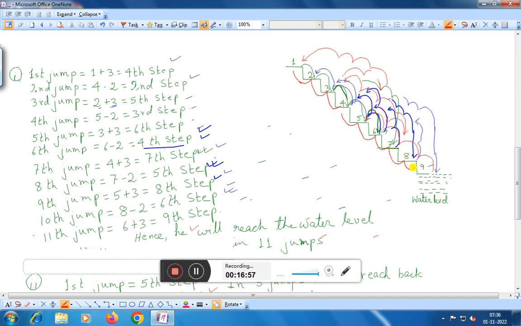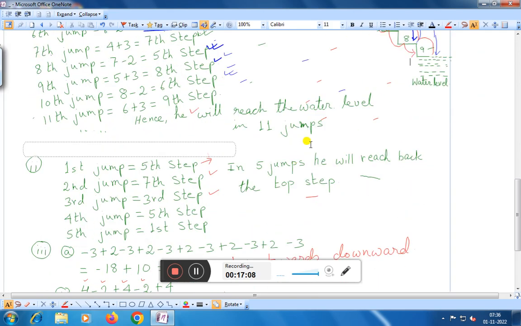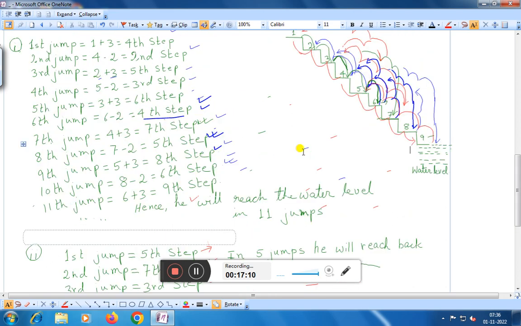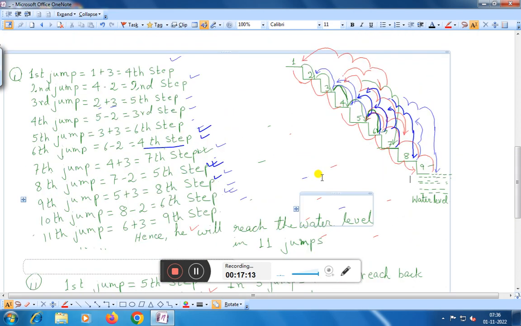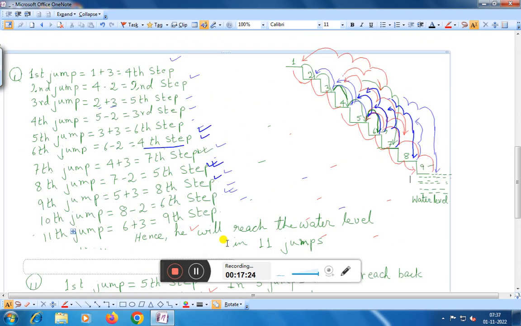Here you read, in 8 steps it goes to the ninth step, that is the water level, right? In this process he goes to the ninth level in 11 jumps. In the second case we get plus 8 steps upward, which means from the ninth level he goes upward, right?